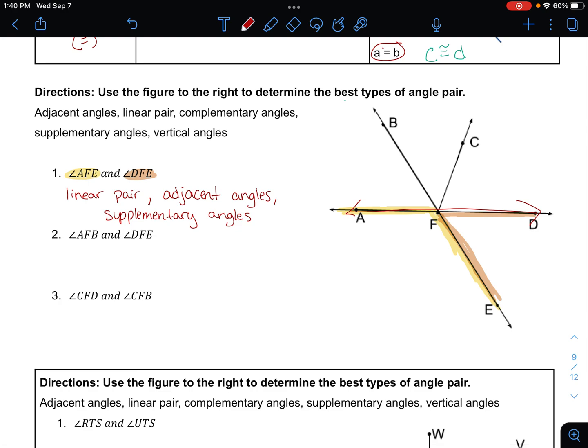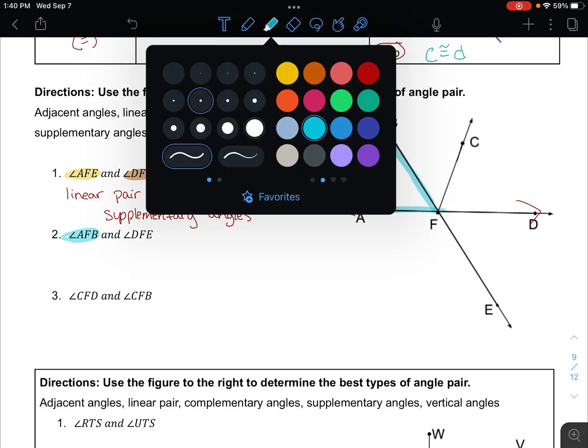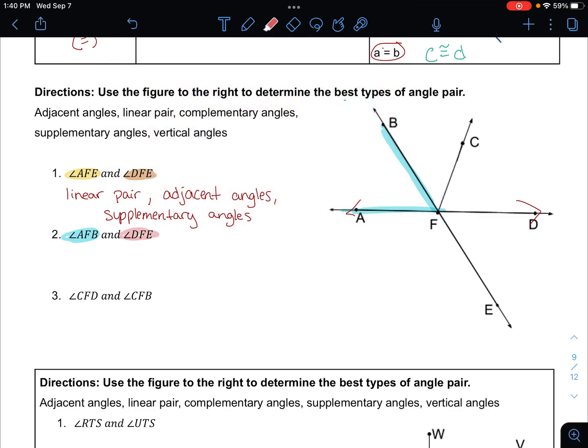Okay. Now I'm going to erase my lines so that I can restart for the second one. Okay. I'm going to do blue for A, F, B, and I'm going to do this coral pink color for D, F, E. Okay, well I notice right away that these have an X shape, so I should be looking for my vertical angles.